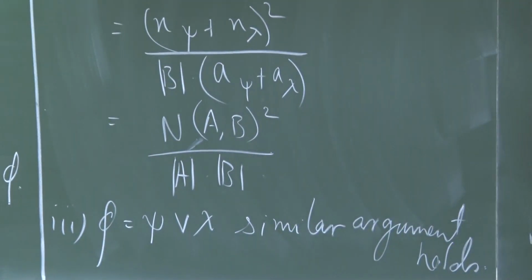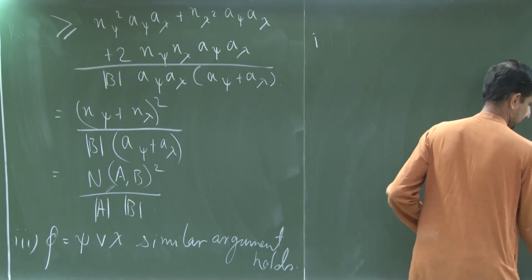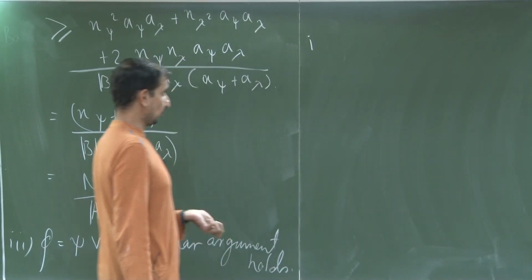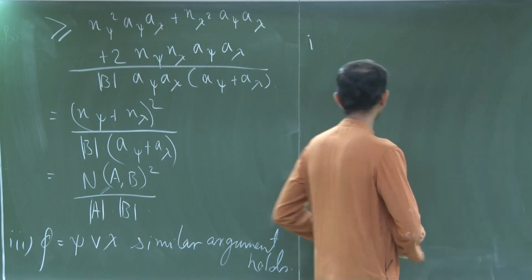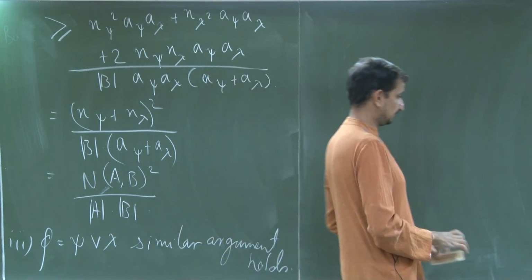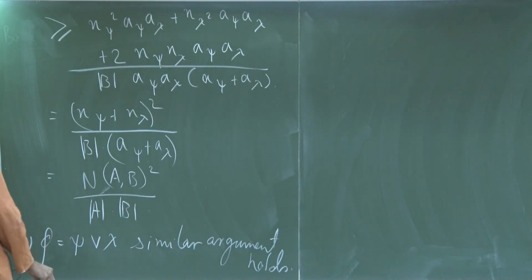Now, why is this theorem interesting? How does it give a lower bound on the formula size? So, let us take an example. Let us consider a couple of applications of this theorem.